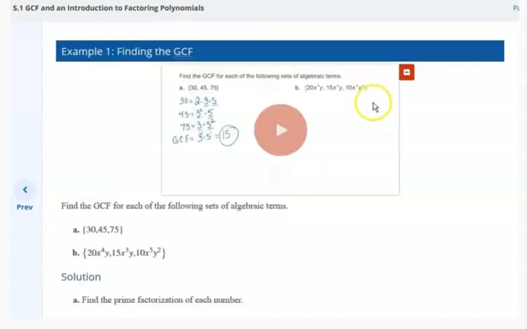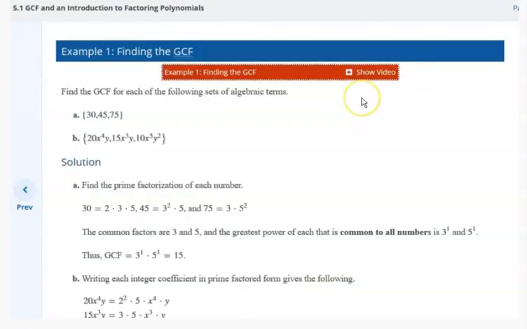Now we're getting to example 1, and write this up in your notes, of course, and we're going to see how it works. Now, sometimes we can eyeball what is there, and we don't need to do all that teasing apart. So, as I look at this, I know I can take a 5 out of each one.